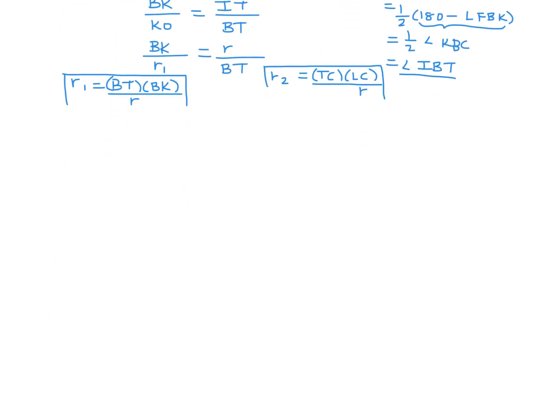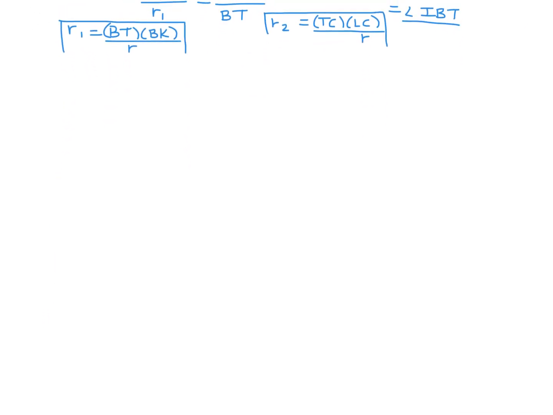Okay. So now we move forward with these two findings. And what was our goal again? I'll put it over here on the side. That TC times R1 plus TB times R2 is equal to the area of triangle ABC. Okay. Well, let's see. Can we do anything with these findings?